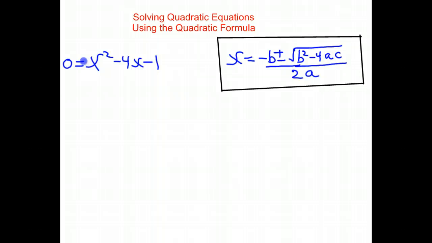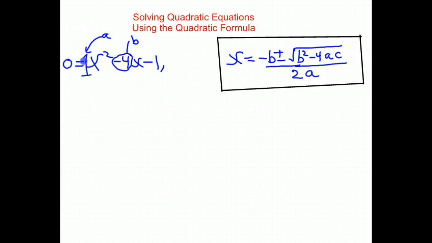If we go back to our equation right here, we have x squared. It's like 1x squared, and that 1 is our a. This negative 4 is considered to be our b.